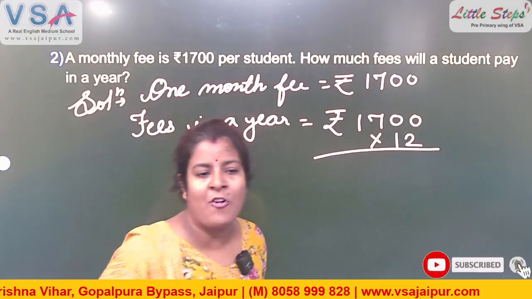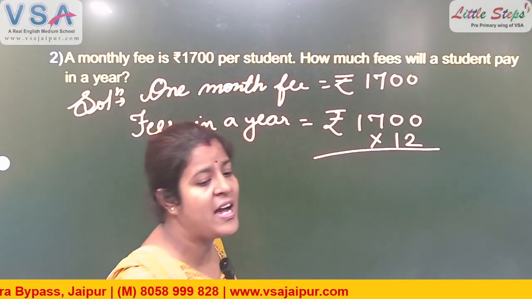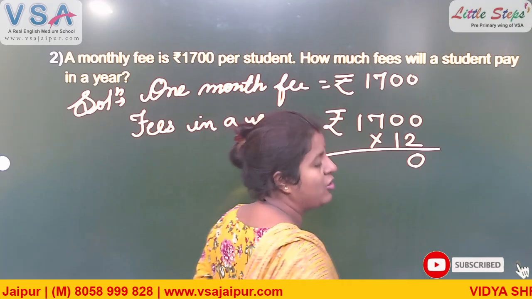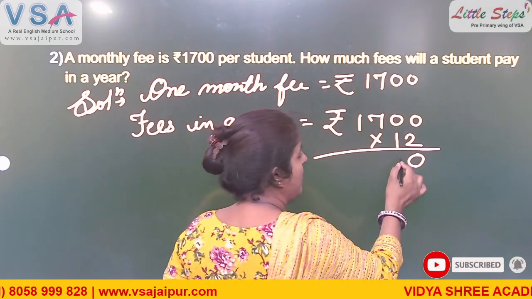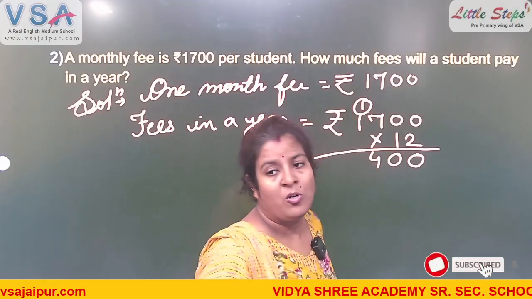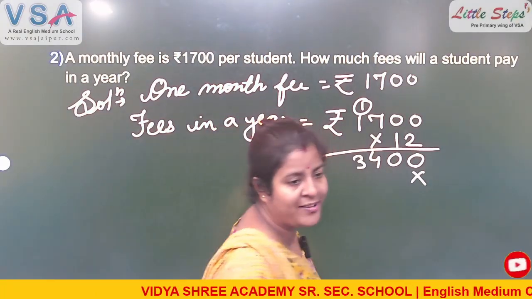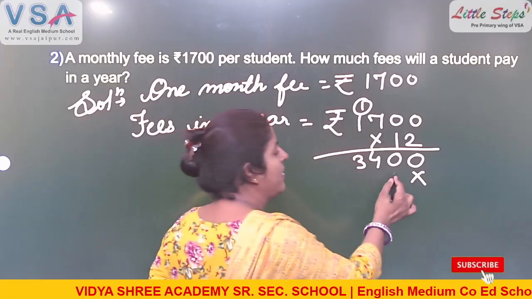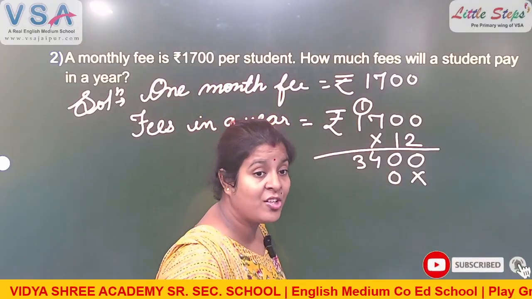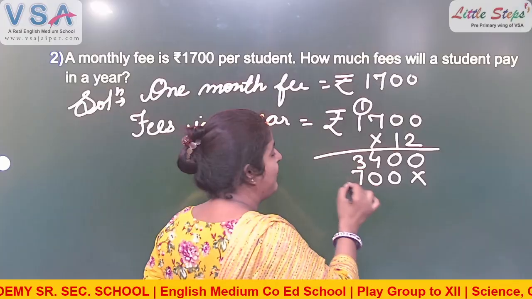Yes and no? So multiply by 12. First of all, multiply by 2. 2 zeros are 0. Again 2 zeros are 0. 2 sevens are 14. 2 ones are 2, plus 1 is 3. And using the cross for the next step: 1 zero, again 1 zero, 1 seven, and 1 one.